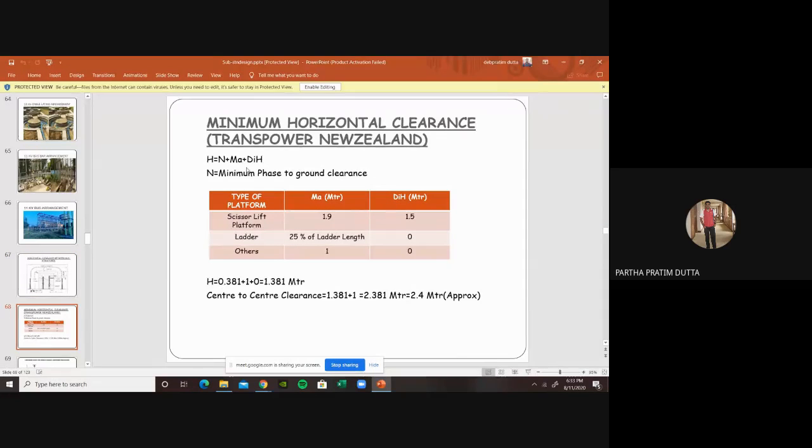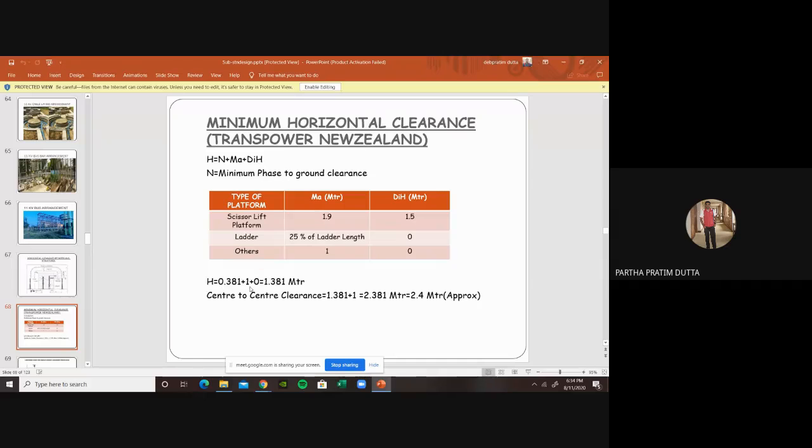H is equal to N plus MA plus DIH, minimum phase to ground clearance, that is N, I have told you, that is 0.381, plus MA. Suppose the ladder slips and falls down, so we should give some allowance of area, so that without hampering the workable person or any instrument, the ladder can fall down easily.